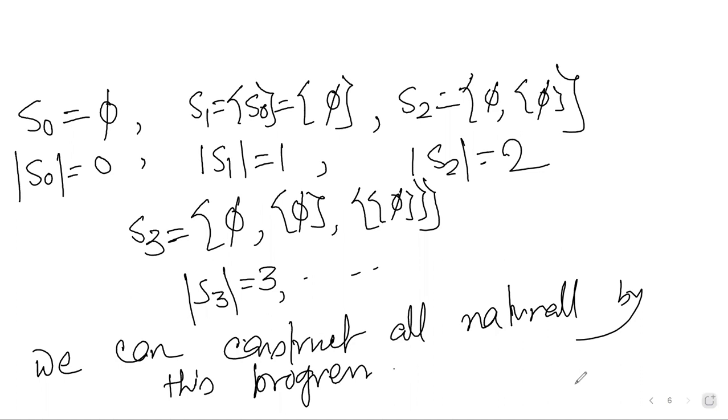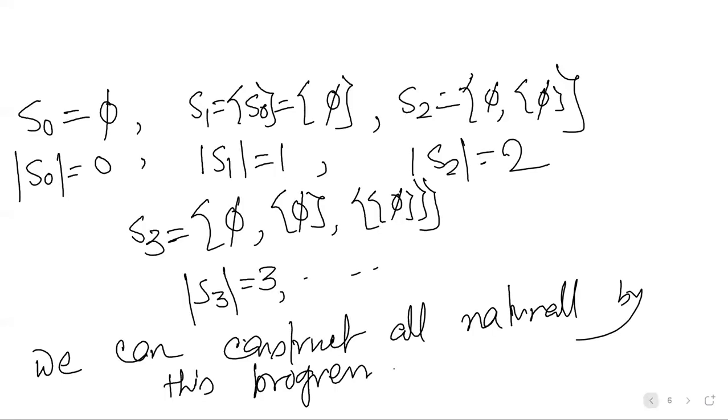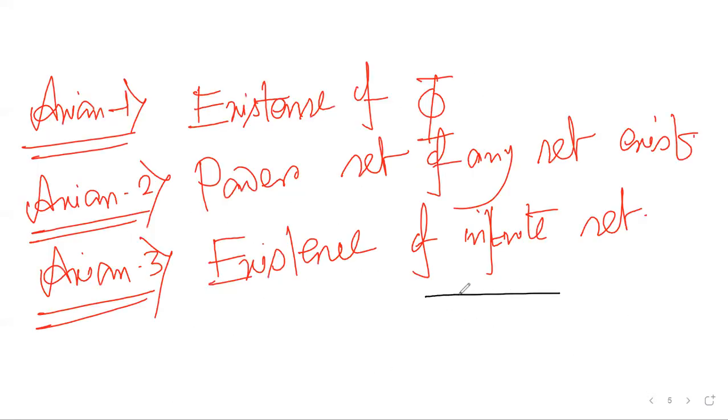Now the next thing is that if we collect these natural numbers, it becomes an infinite set. But what is axiom 3? Existence of an infinite set. So it ensures that an infinite set exists.